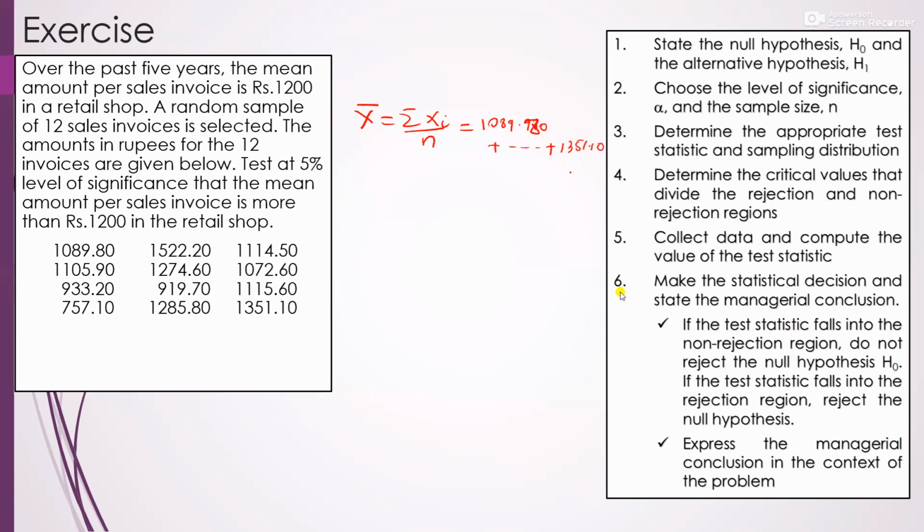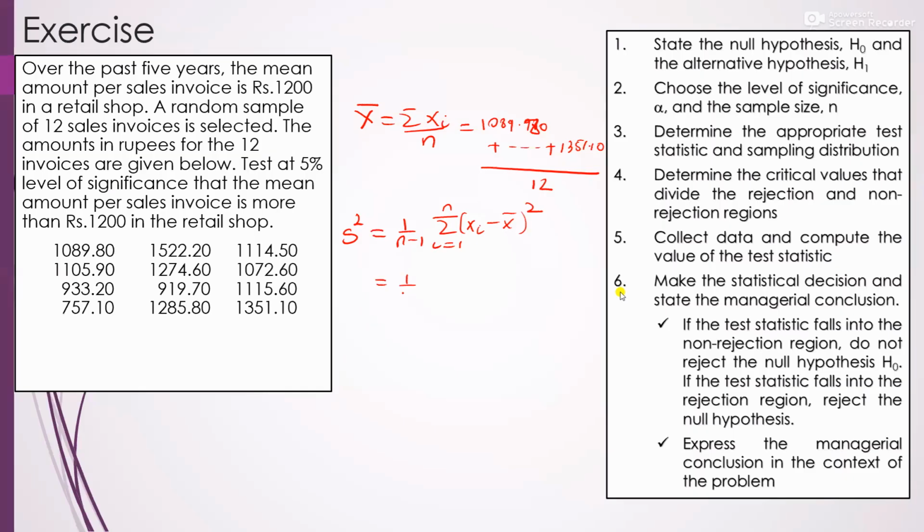11351.10 divided by N. How many samples did they take? 12. Then S squared is equal to 1 over N minus 1 times summation of i equals 1 to N, Xi minus X bar whole squared. You have to use this formula.